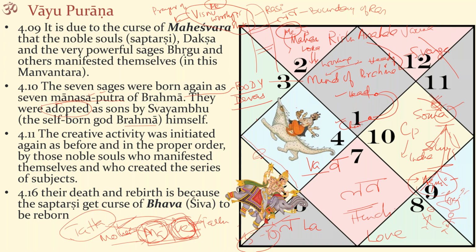Which planet is this form of Shiva? Which planet symbolizes the Bhava form of Shiva? Therefore, that planet shall be symbolic of rebirth. Is it Venus? Then Venus, whose Mula Trikona is in Libra in the 7th house, shall be symbolic of rebirth.